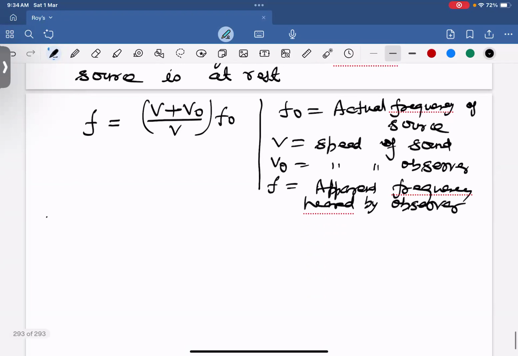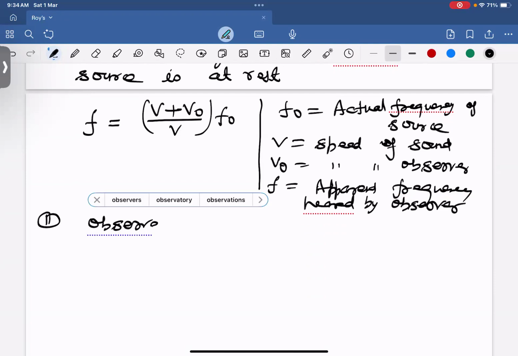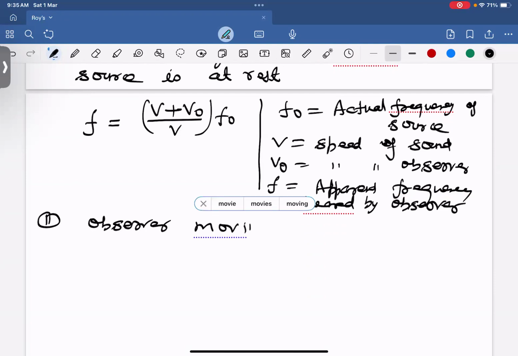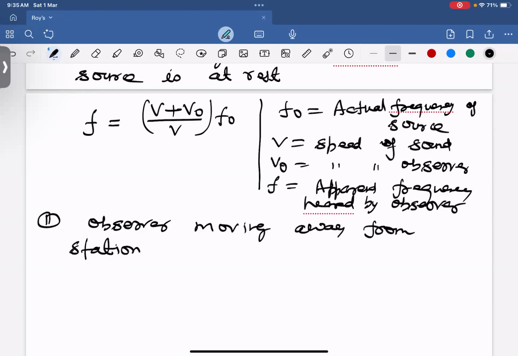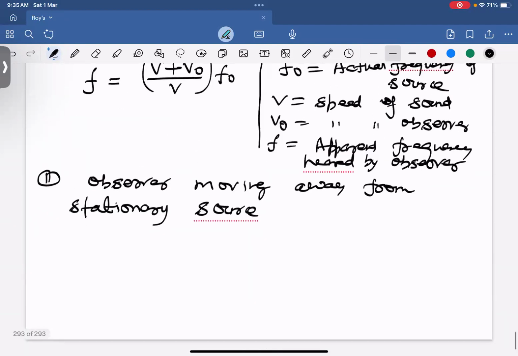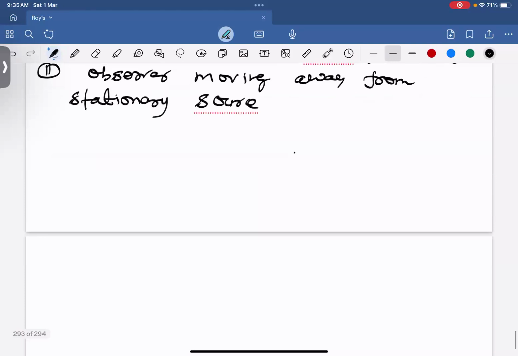Now take the opposite case. If the observer is moving away from a stationary source, the source is not moving. Let's suppose here is the source, which is producing sound of frequency f naught, and here is the observer which is moving away.